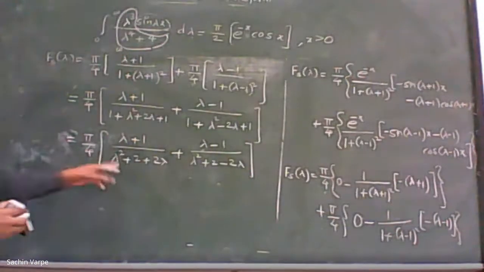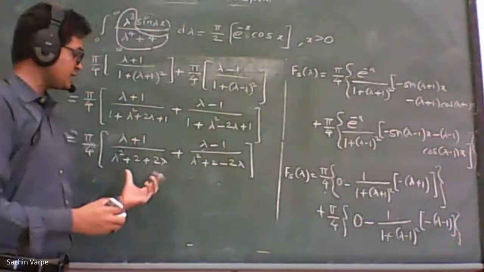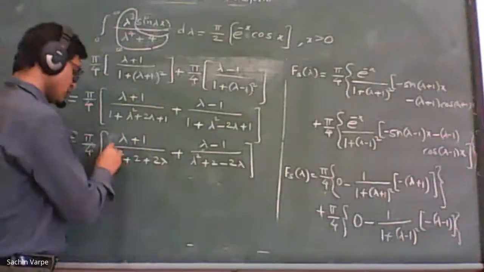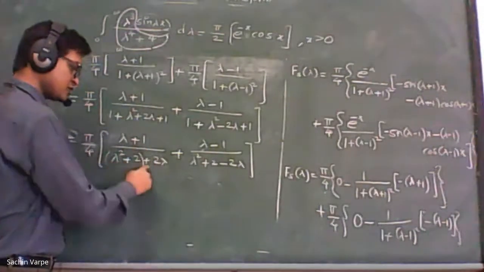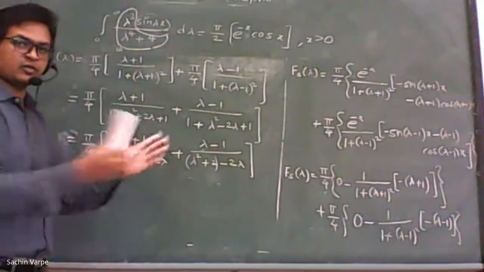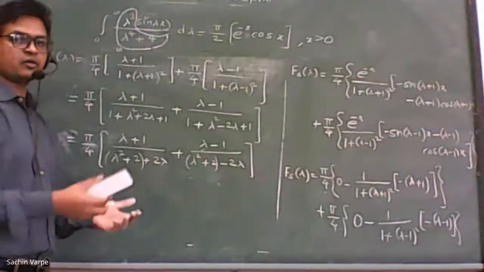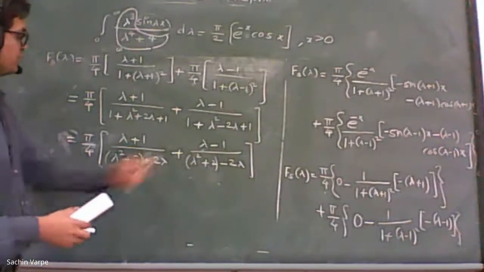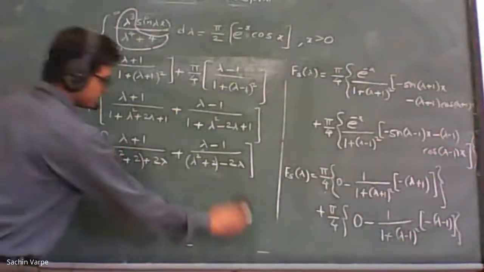Why have I written it like this? Because when I take the LCM, I'll get the denominator of the form a plus b and a minus b, isn't it? So their multiplication will be a square minus b square. For that purpose, I have arranged this like this.